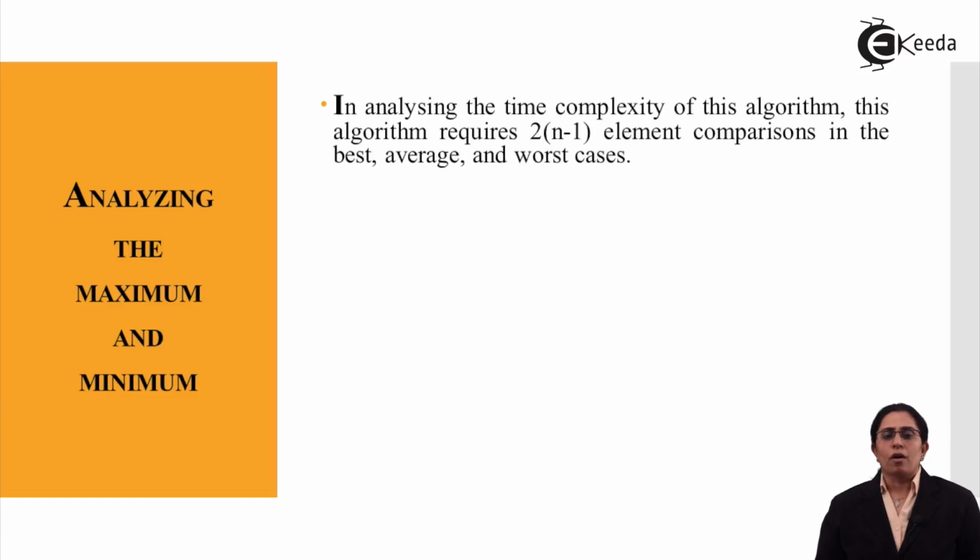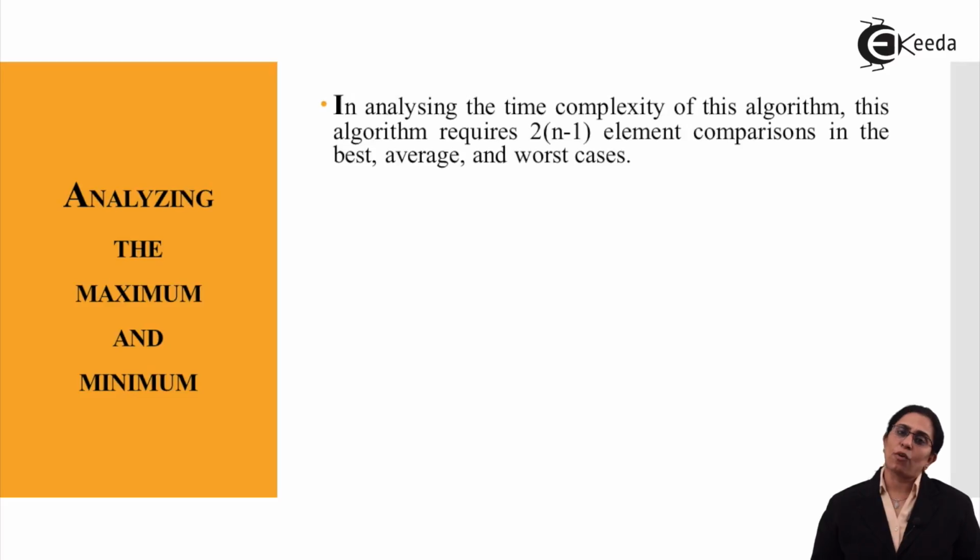What do we do now? How do we analyze this algorithm? So, in analyzing the time complexity, the simple min-max algorithm requires 2n-1 element comparisons in the best, average and the worst case scenario. Now what is the best, average and the worst case scenario?